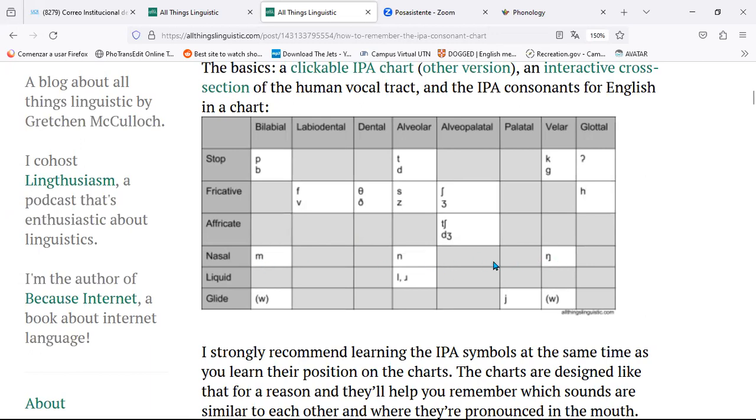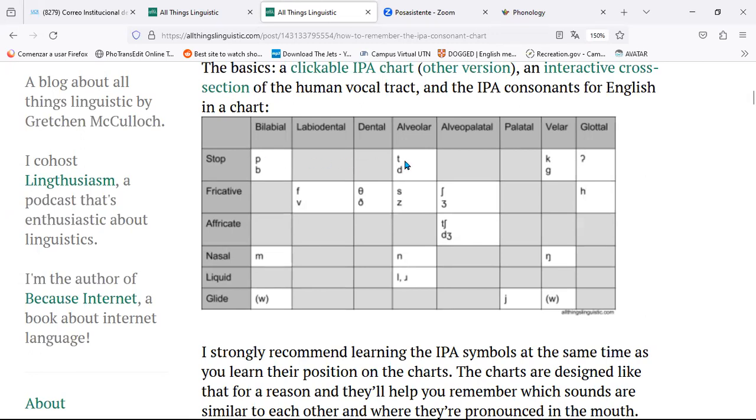The first relationship here is that these two sounds, pa and ba, are stops and are also bilabial. We close our lips and then open them again to make them.